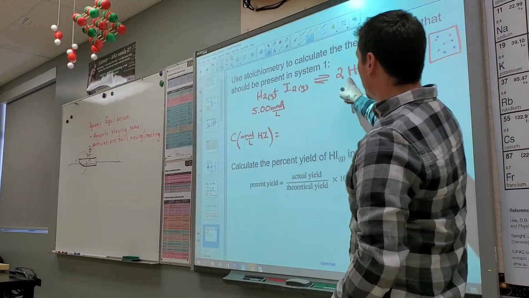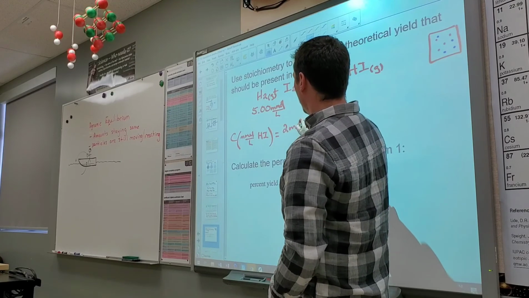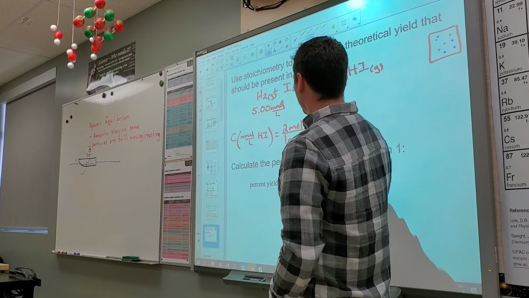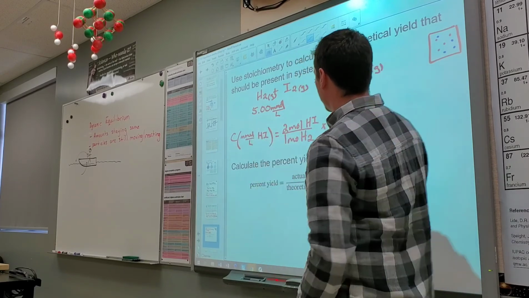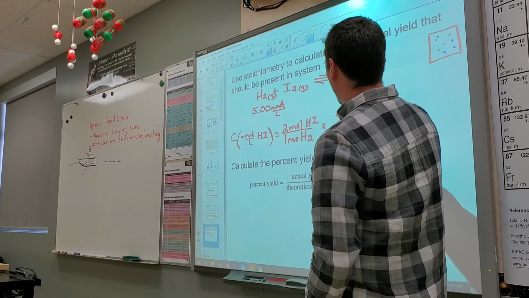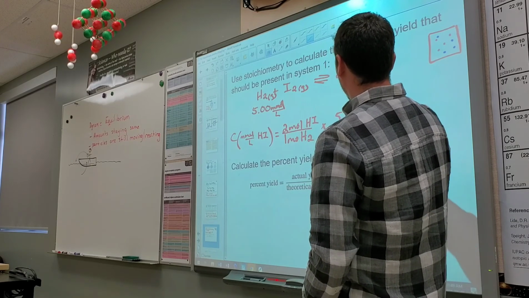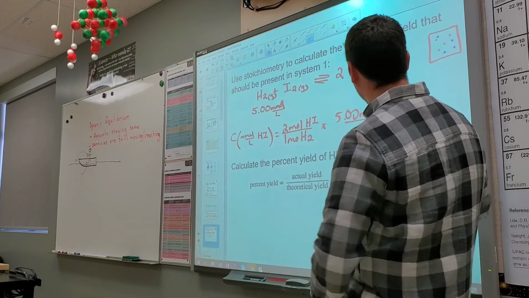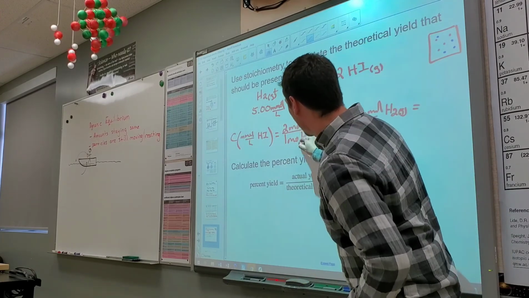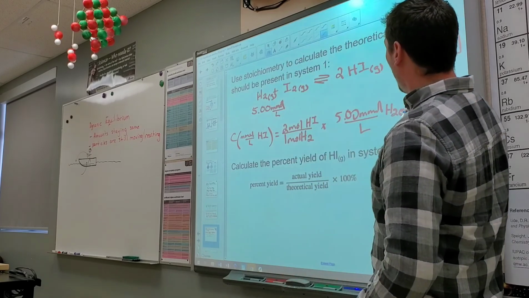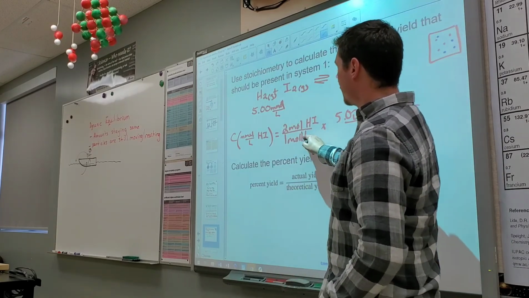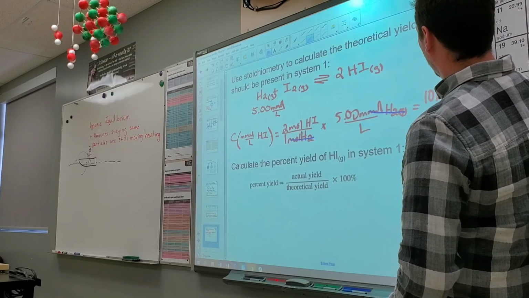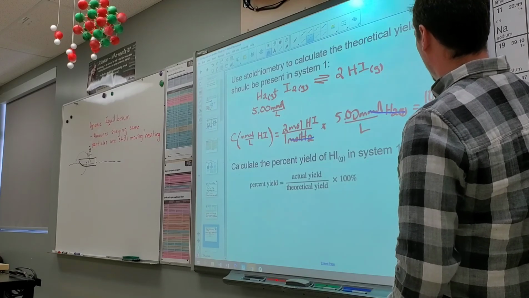We want moles of hydrogen iodide, 2 moles of HI for every 1 mole of H2, and we're going to cancel that out with 5 millimoles per liter of H2 gas. So moles of H2 and moles of H2 cancel, and we're left with 10 millimoles per liter of HI.